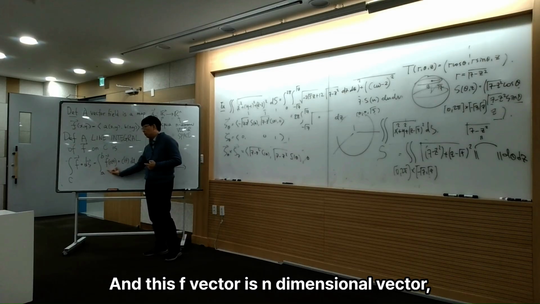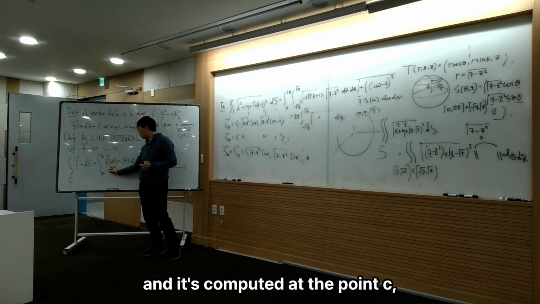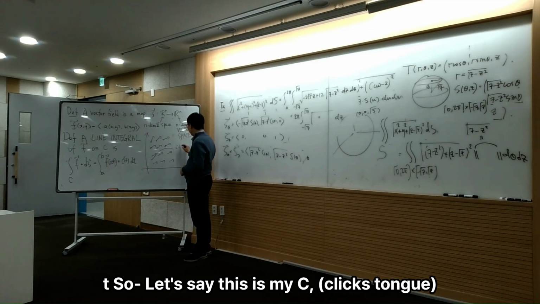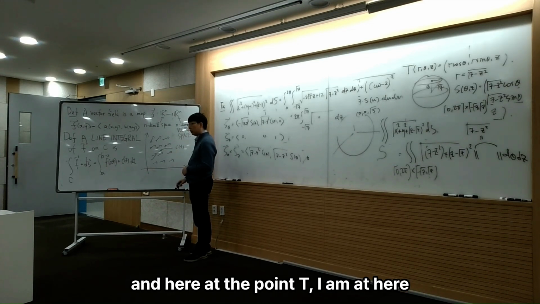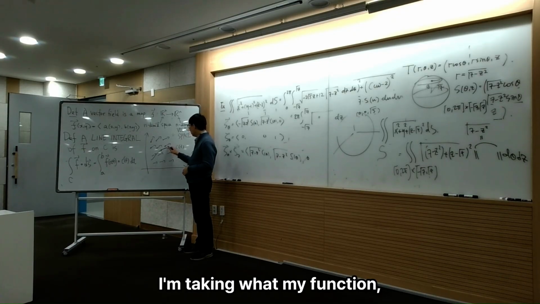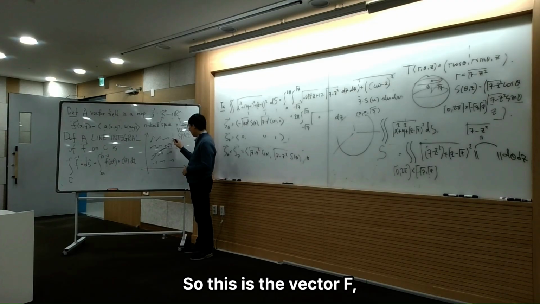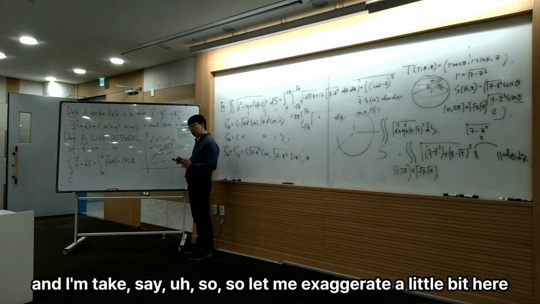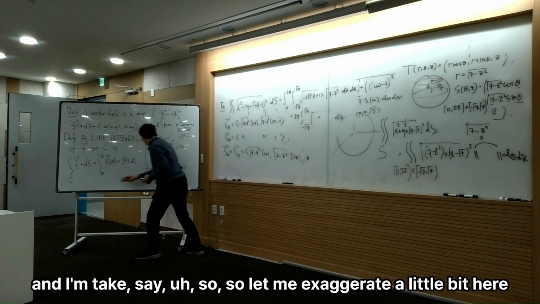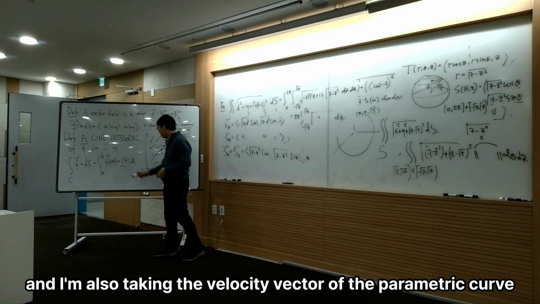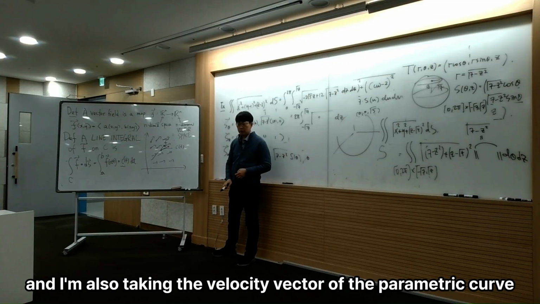And this f vector is n-dimensional vector, and it's computed at the point c(t). So let's say this is my C. And here at the point t, I am here. And at the point, I'm taking what my function, the vector field, gives. So this is the vector f. Let me exaggerate a little bit here. So let's say this is my f. And I'm also taking the velocity vector of the parametric curve.